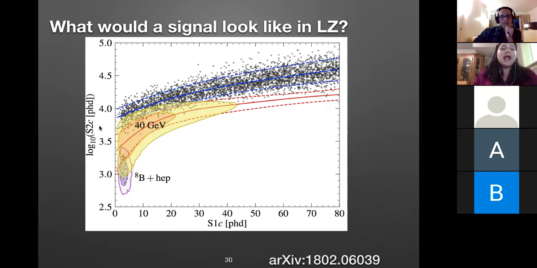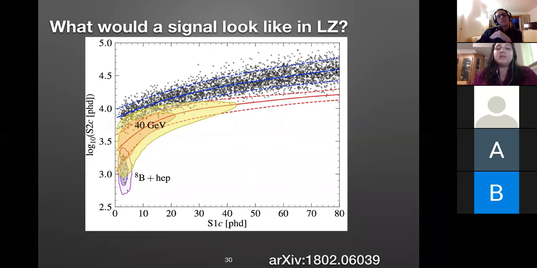And on the y-axis is the log base 10 of that S2 signal, where now we've corrected for impurities in our detector that mean that we get fewer electrons when an event happens at the bottom of the detector than the top, but we can correct that out. So that's happened here. And so a constant energy contour is kind of a curve perpendicular to these two curves. So it's not quite straight, but it's similar to that.